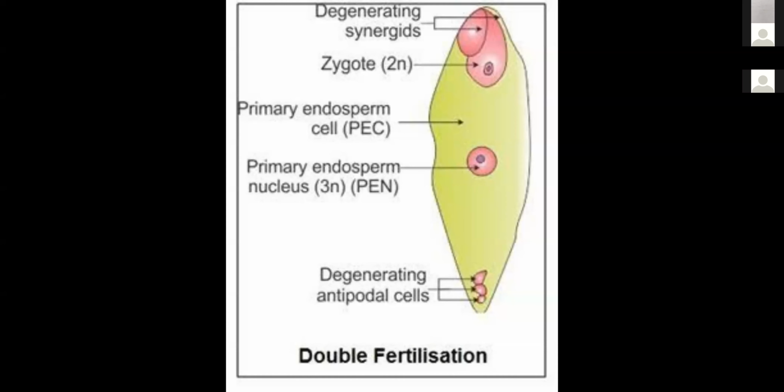Yes, what is the answer? Against anatropous pattern of angiospermic ovule, dash is the pattern of ovule in case of gymnosperms.